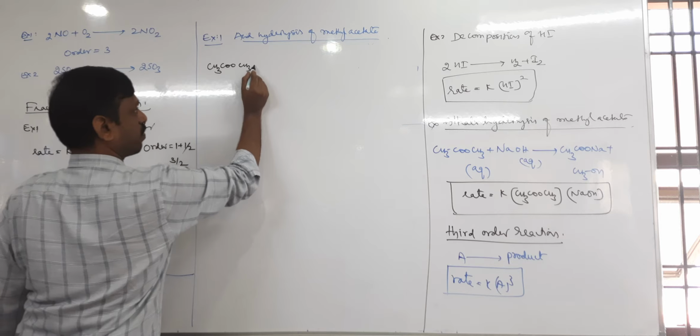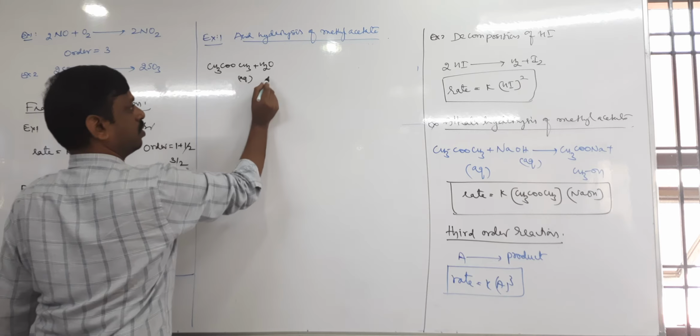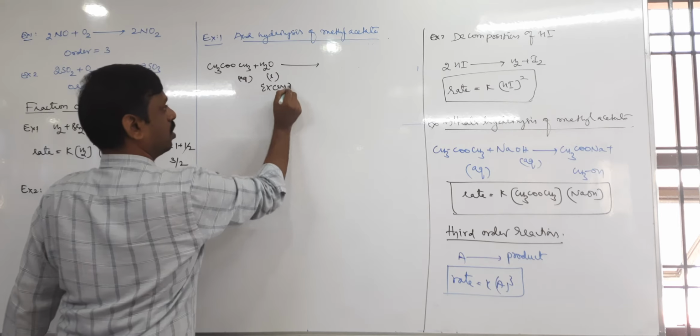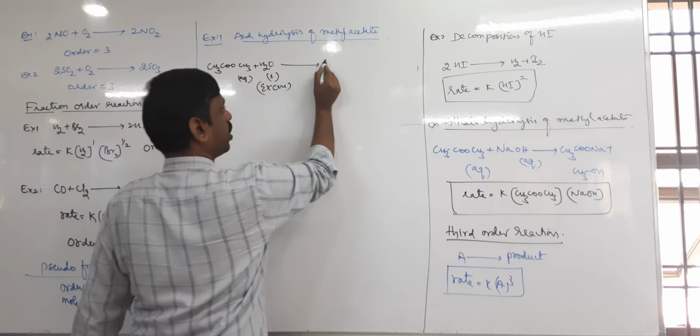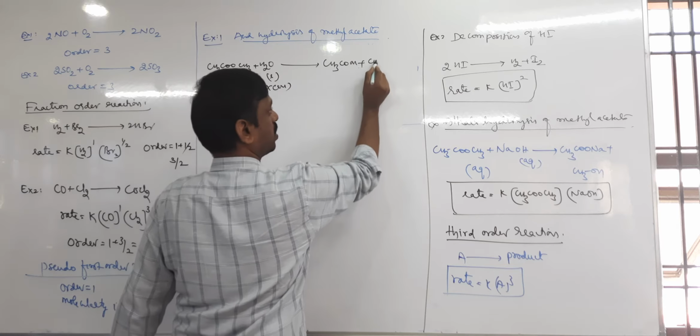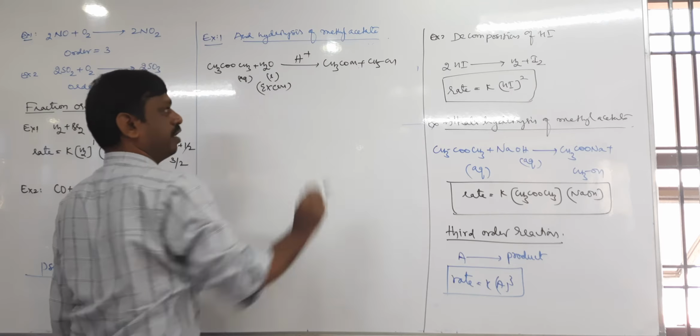Already we have written this equation. Reaction with water. It is in aqueous medium. It is a liquid, and moreover water is in excess quantity. What do you get? Acetic acid plus methyl alcohol is the product. This is in acidic medium.